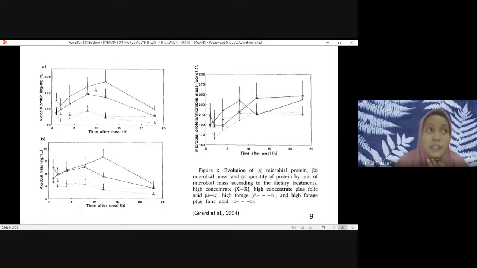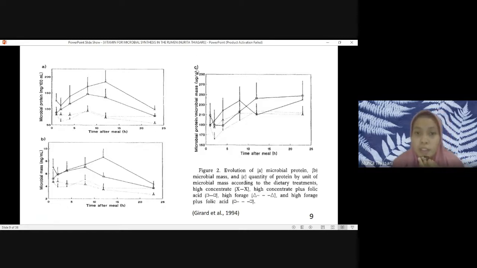Or we can say the microbial protein synthesis cannot have a good result even with the addition of folic acid if there is less energy in the diet.